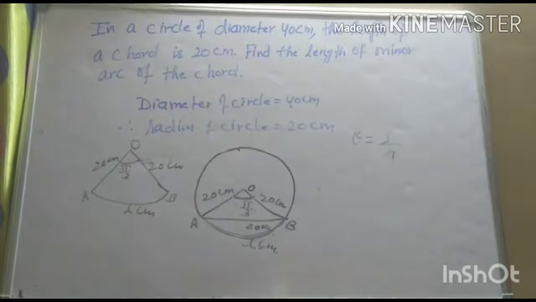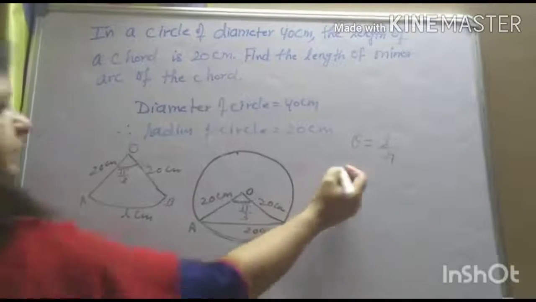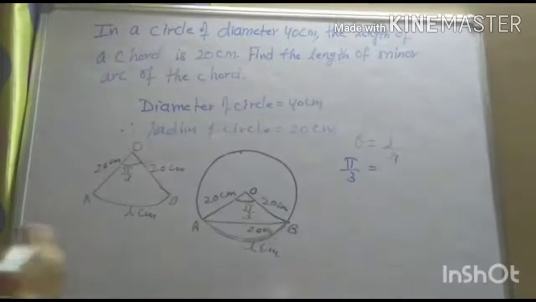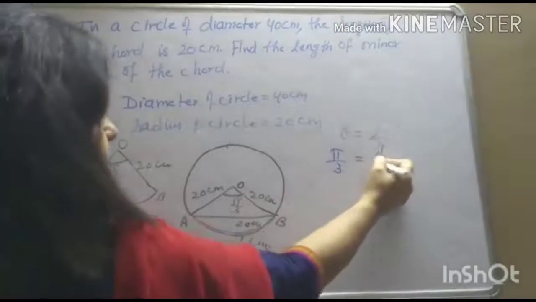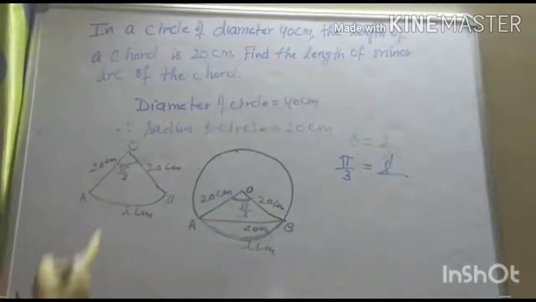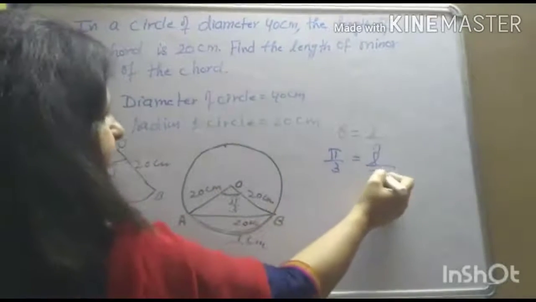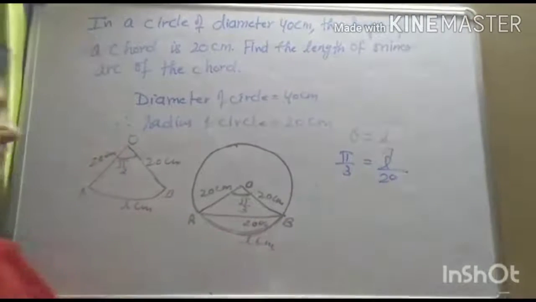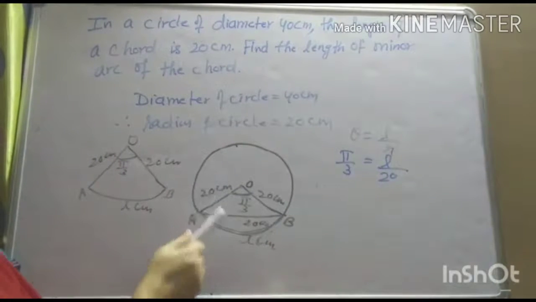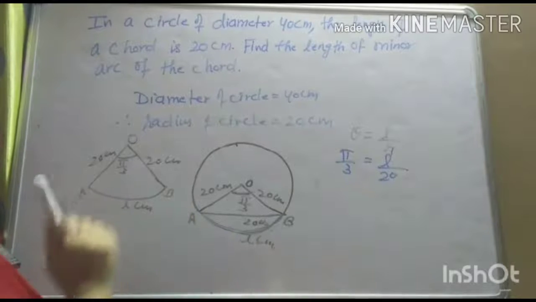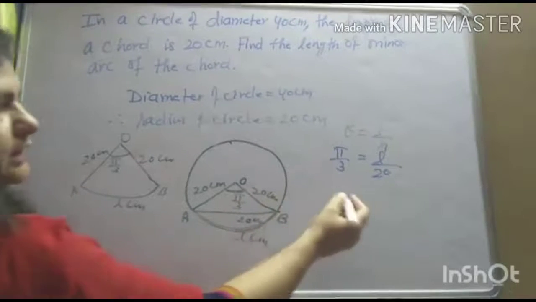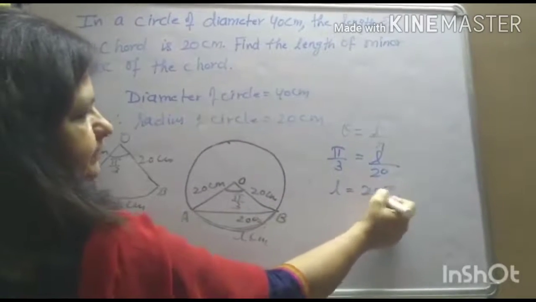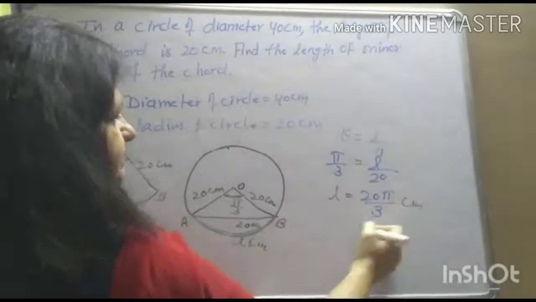Theta is pi by 3 radians. L is L centimeter. The radius is 20 centimeter, or simply we can write 20. And the unit of length of arc and radius should be the same. So L is 20 pi by 3 centimeter.